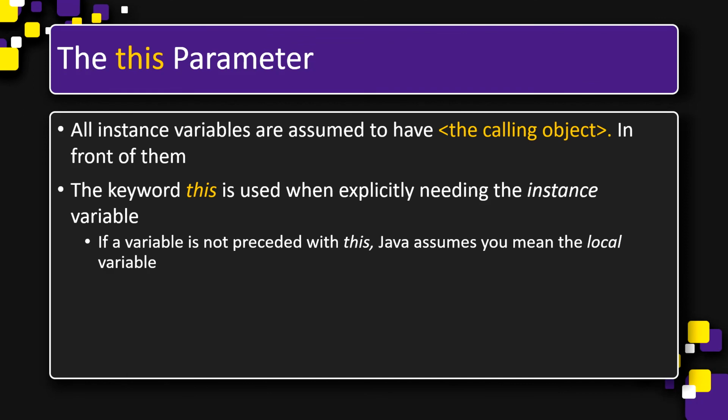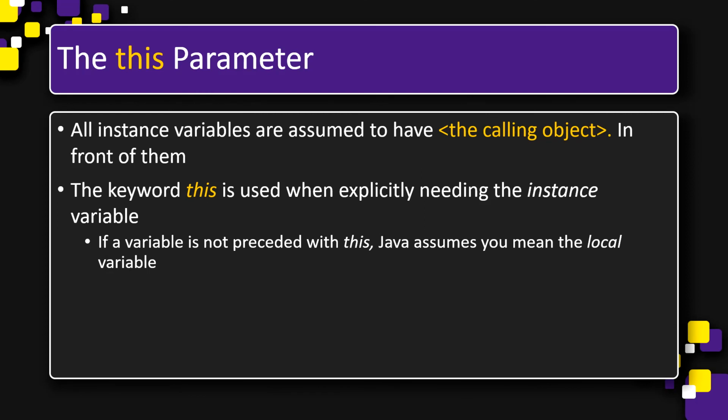So when we say this, we're saying the one that I have in here, the one that belongs to me. If we don't have this in the programming statement that we use, then we're going to assume that you mean the local variable instead of the instance variable. Once you use the keyword this, we assume that it's the instance variable.